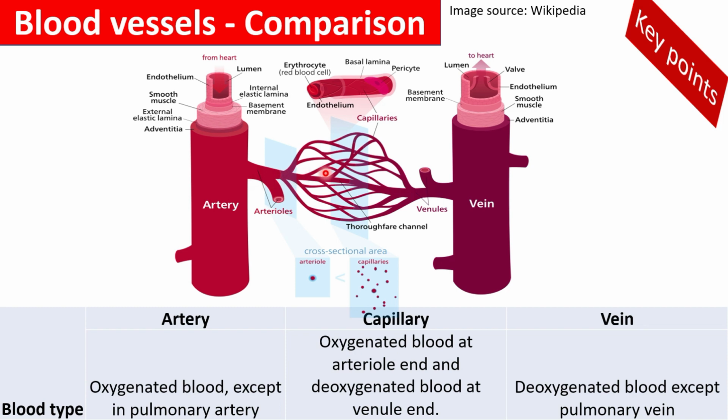And if you see the capillaries, here in the arterioles, oxygen will be more, the concentration of oxygen will be more in the arterioles, and as they move inside the capillaries, slowly the oxygen level will decrease, because this oxygen will be supplied to the nearby cells and tissues, and from there carbon dioxide will be collected, and when the blood approaches these venules, carbon dioxide level will be more. So, that becomes deoxygenated blood, and veins, of course, they carry deoxygenated blood from different parts of the body, and they take deoxygenated blood to heart.